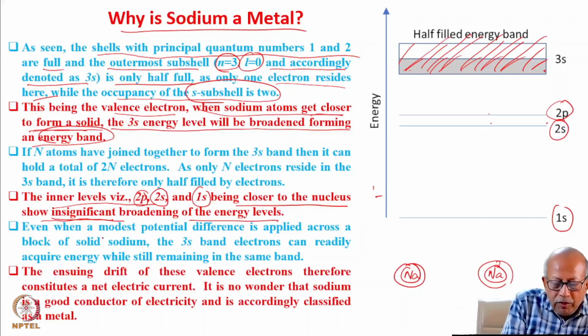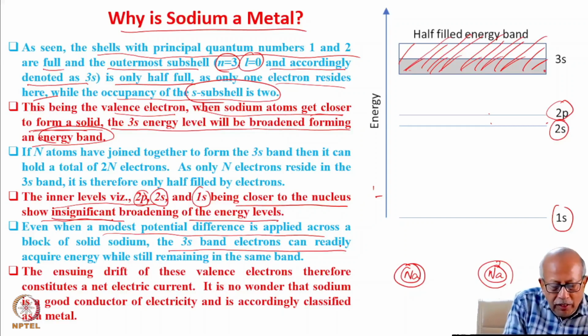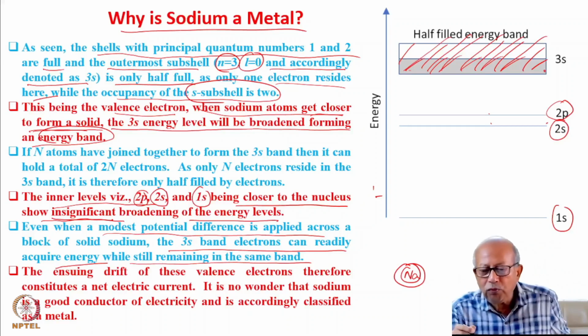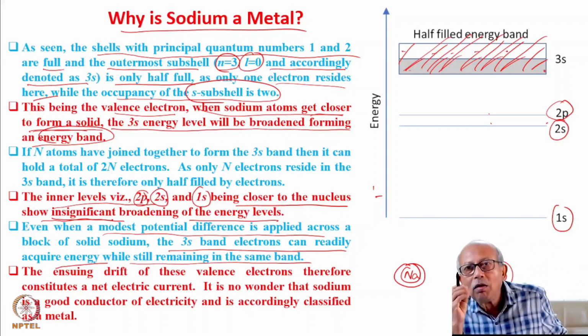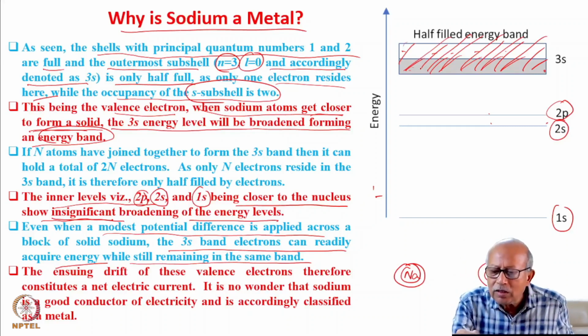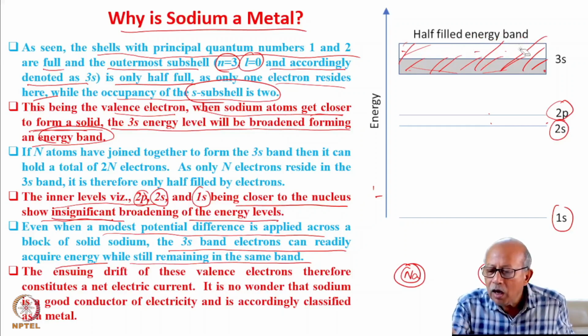Even when a modest potential difference is applied across a block of sodium, the 3s band electrons can readily acquire energy while still remaining in the same band, because it can actually move within this band even with a very little energy, because it stays within this same band, and it is half empty, it's only half full.